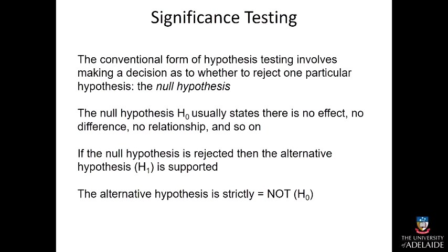Now, the way null hypothesis significance testing works is that you can specify a set of values that you would expect if the null hypothesis were true, and you can test your data against that distribution of values.